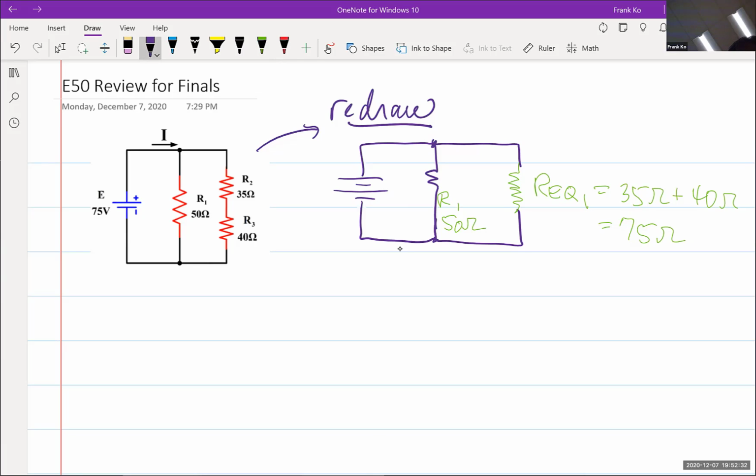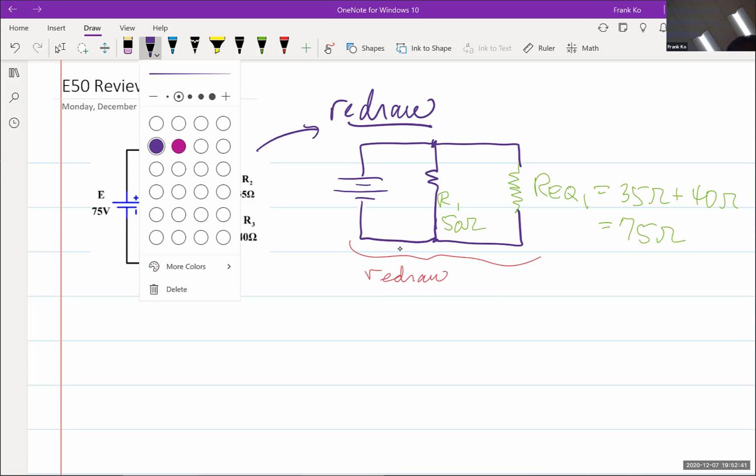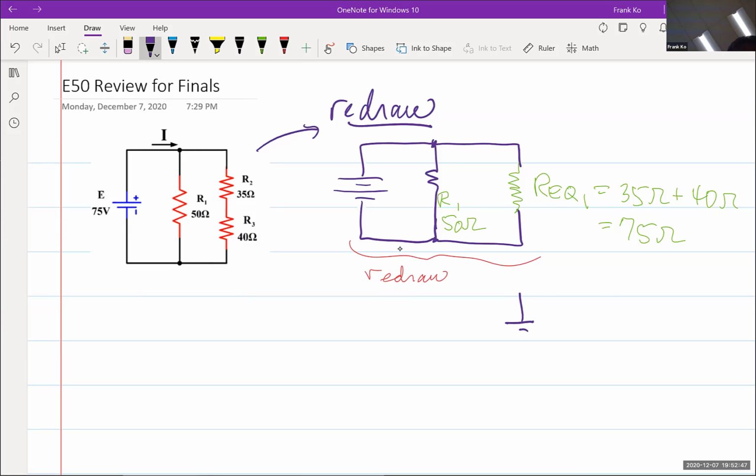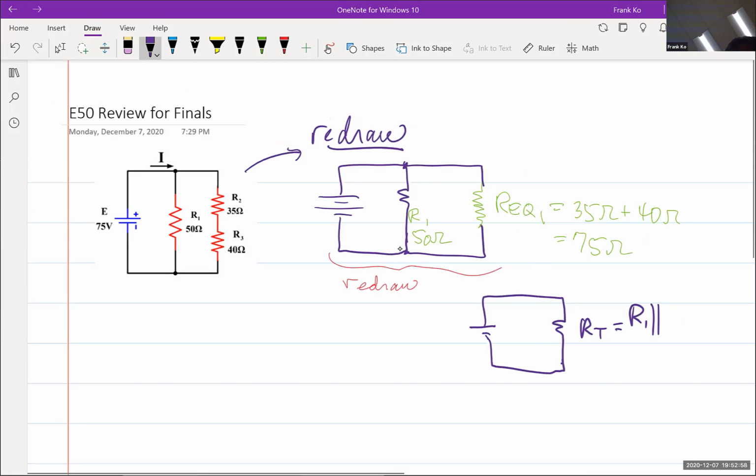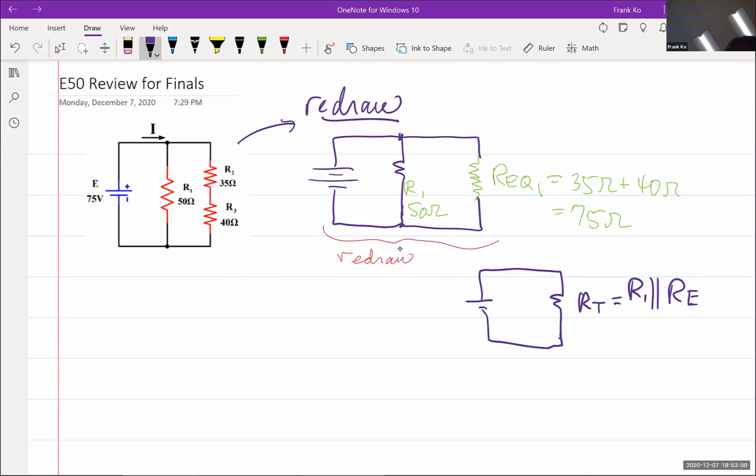What would be the next step? The next step is to redraw this one more time. In redrawing this one more time, we would end up with an R total. And R total is equal to R1 in parallel with REQ number 1, yes?